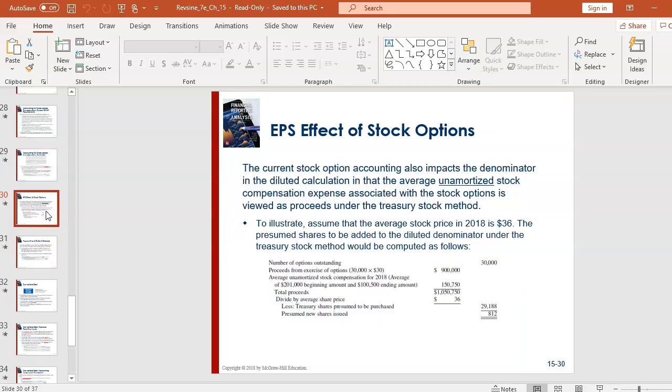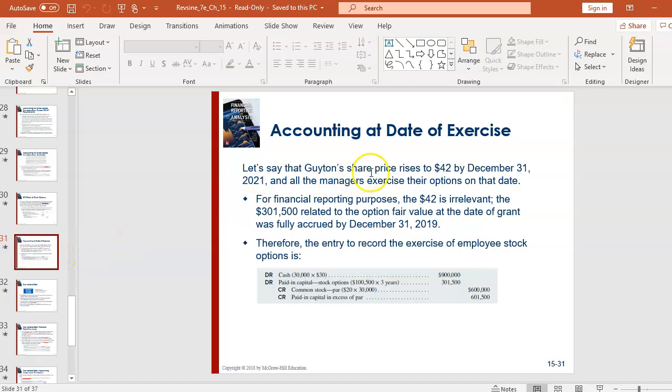And of course, that will impact your earnings per share. So when you do your earnings per share computation, you have to take that into account also. So just kind of more of an FYI with that one. And then the date of exercise, when options are exercised, that requires another journal entry, obviously. And you can see then that's where somebody is going to buy the shares kind of at a bargain, more or less.